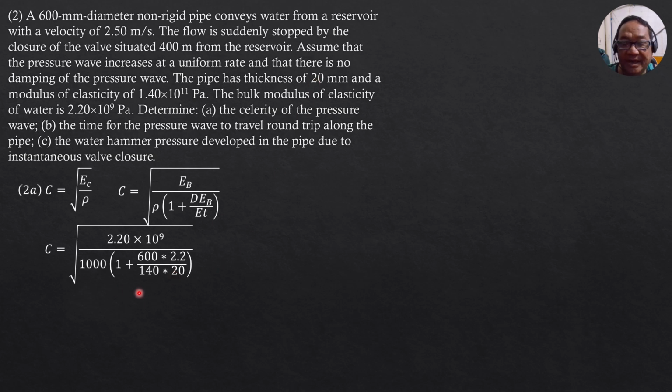So from here we can now compute the celerity or the velocity of the pressure wave equal to 1223 meters per second.